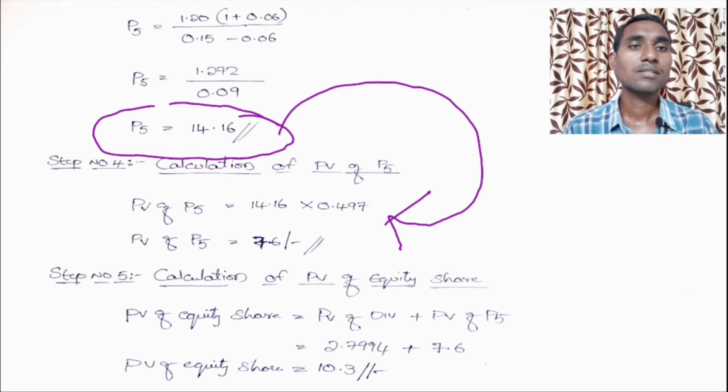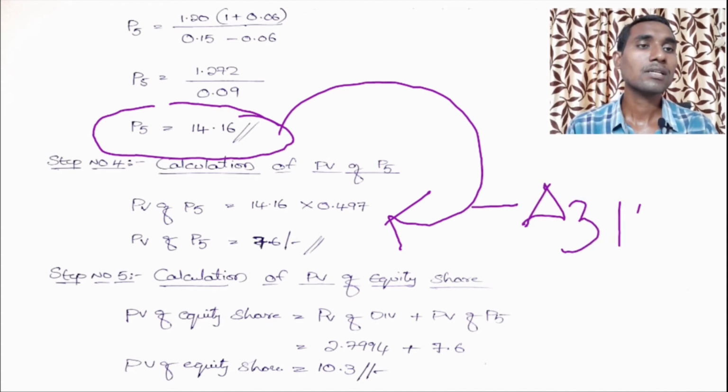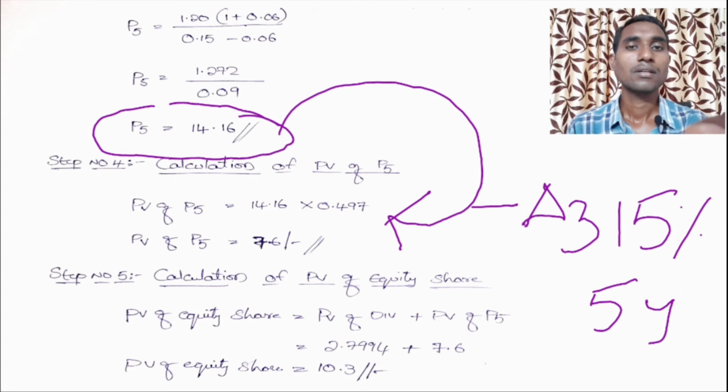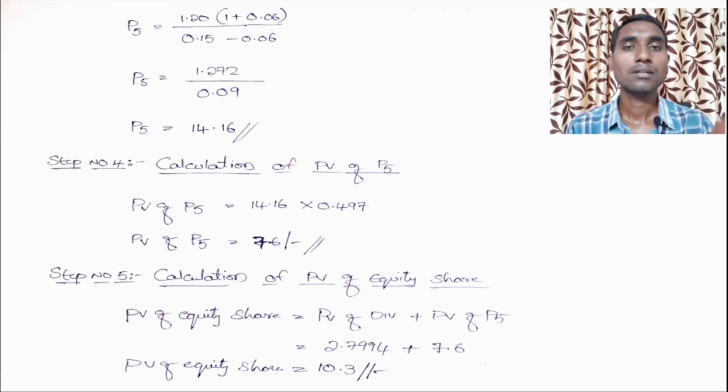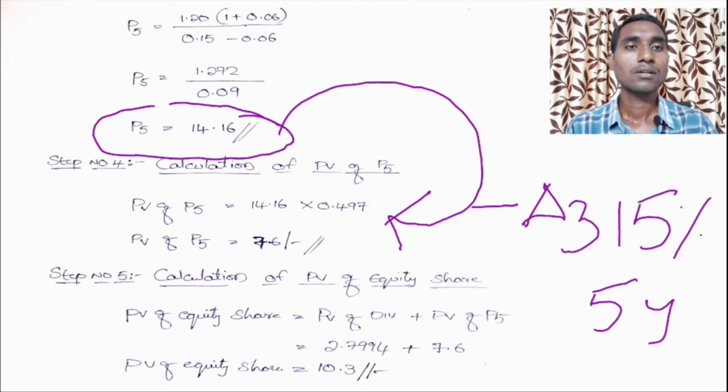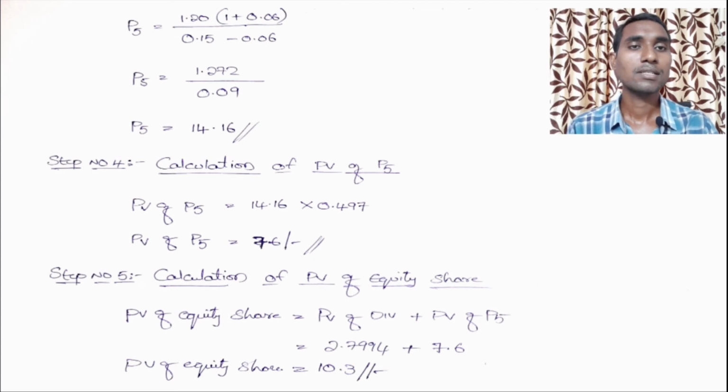Now step number 4 is calculation of present value of this P5. Present value of P5 is equal to P5 into the present value interest factor, by seeing the A3 table at cost of equity 15% for the 5th year. The value comes to 0.497.